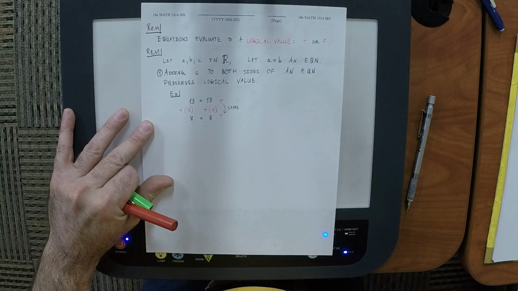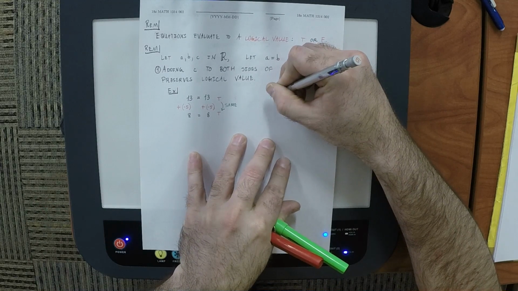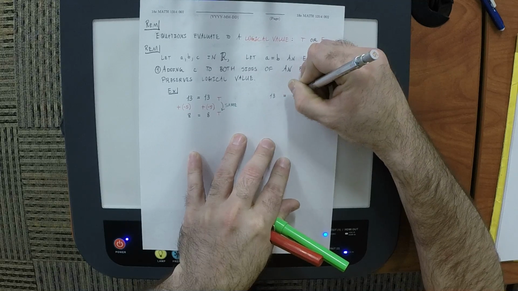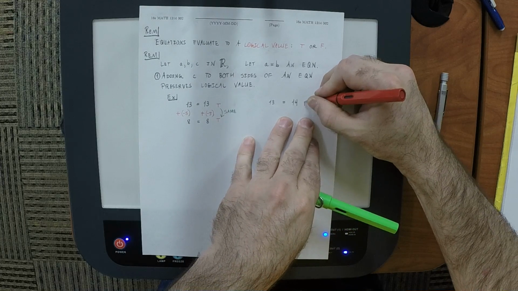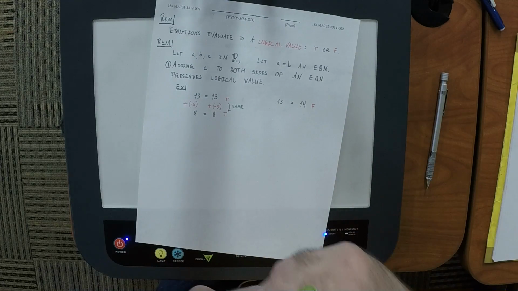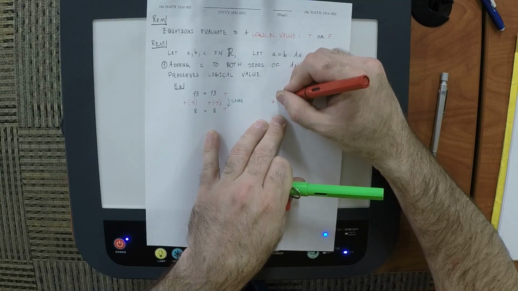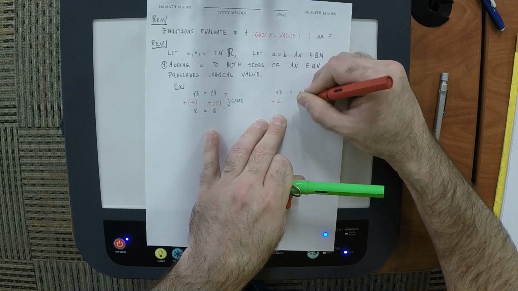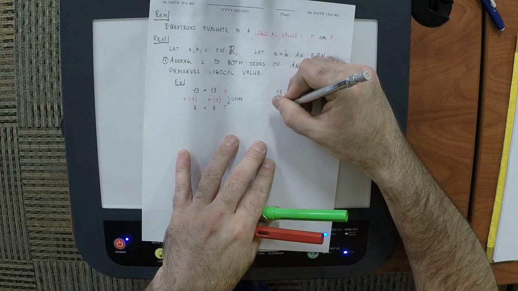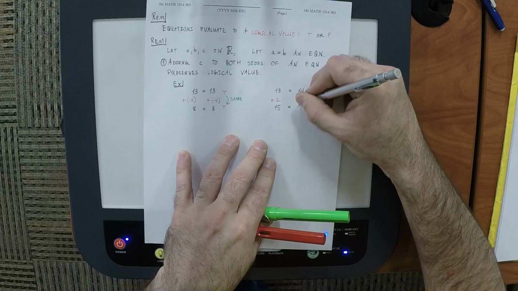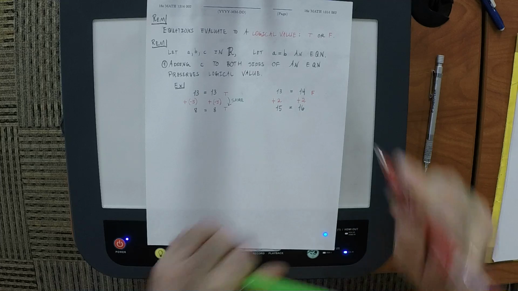Similarly, here's an equation, 13 equal 14. That's an equation. What's its logical value? False. Suppose that we add something to both sides. I'll add, it doesn't matter, 2. I'll add 2 to both sides. The new left-hand side is 15, and the new right-hand side is 16. And what's that equation's logical value? Still false.